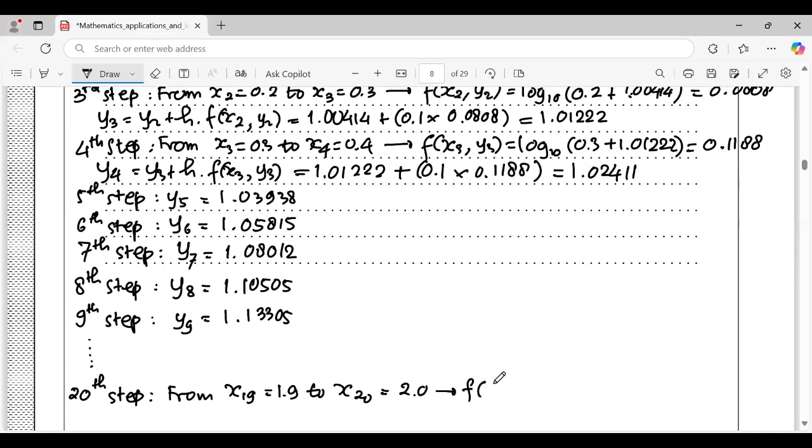So we have x19 and y19: log 10 of 1.9 plus 1.55191 equals 0.5463.